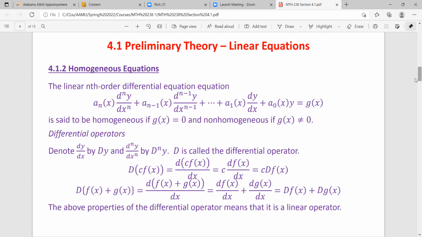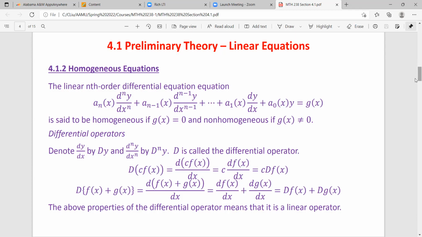On the other hand, if the right hand side of the equation, g(x), is not always equal to 0, then we call the equation non-homogeneous. We're going to try to solve homogeneous equations first, and then we can go forward to tackle the non-homogeneous case.